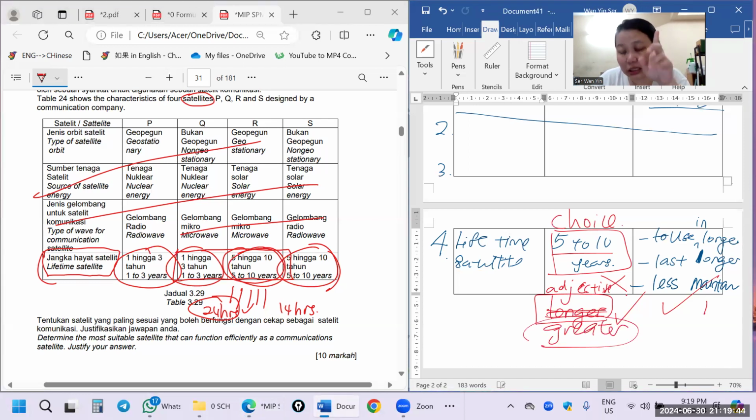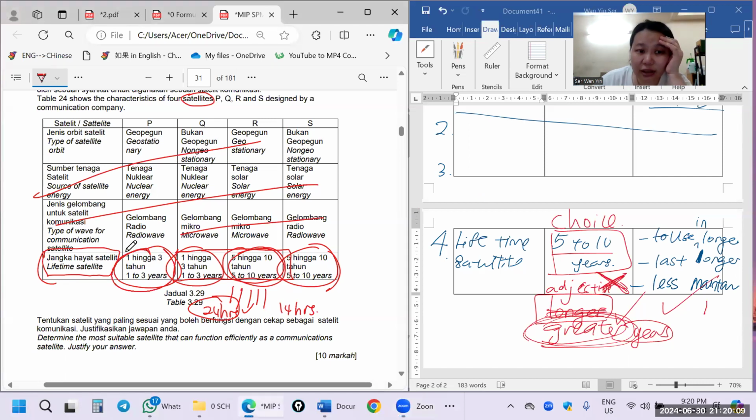Use adjectives. If you write the number, sorry, you will get it wrong. If you say greater years, can, no problem, as long as you have an adjective telling greater or lesser. Same as the comparison just now. Be careful.